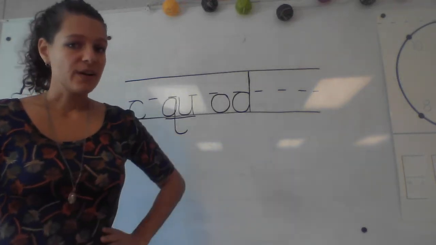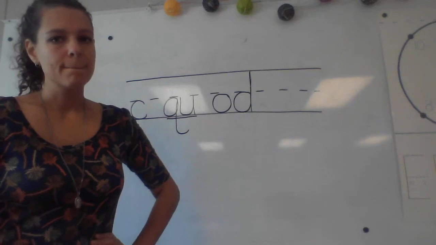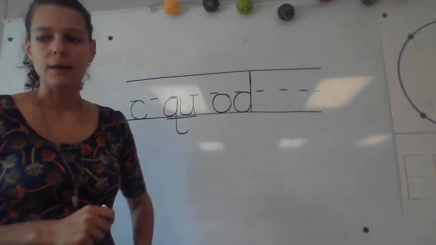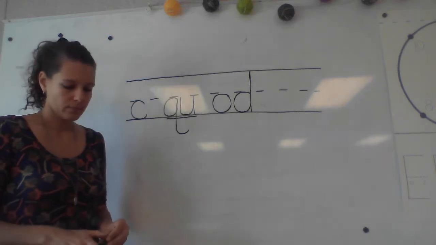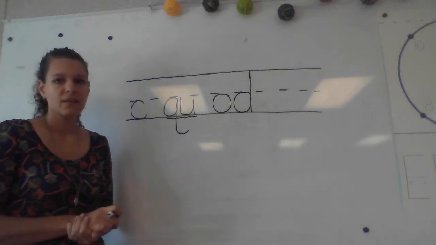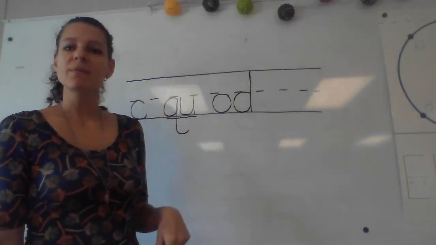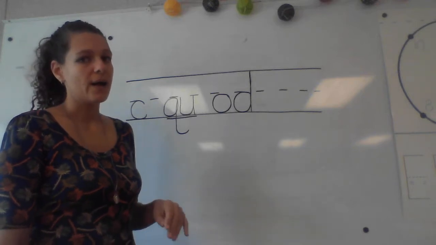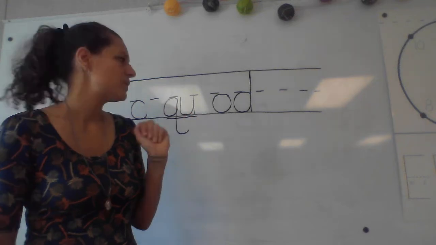All right, the next phonogram is z. What are you going to write? Good, z. The reason I wanted us to practice this one is some of us are writing it backwards, and that's fine, but if we get our starting spots right, then we're never going to do that.